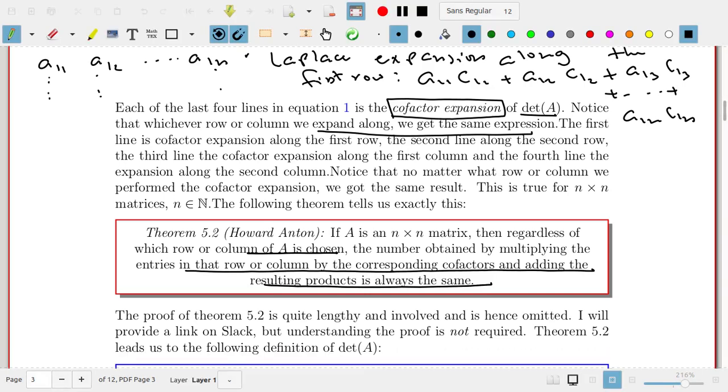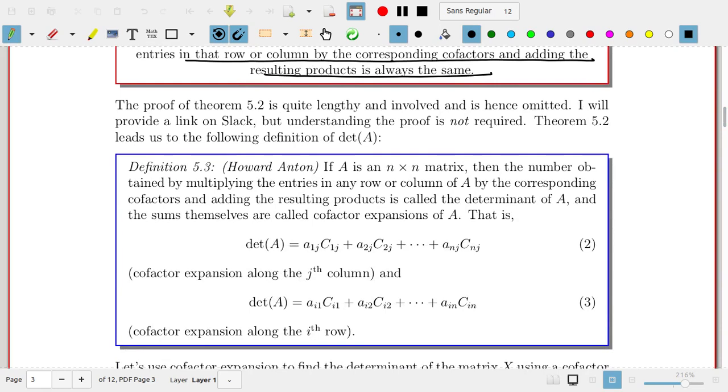So for example, if I wanted to take the elements in the jth column of a matrix, A1j, A2j, up to Anj, the cofactor expansion on the jth column would be A1j times C1j plus A2j times C2j, all the way to Anj times Cnj.